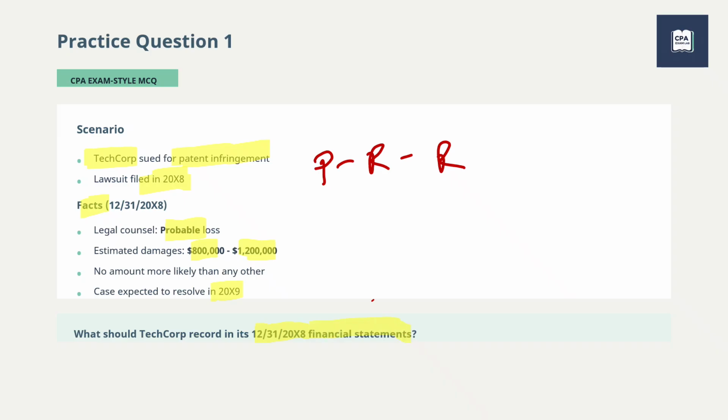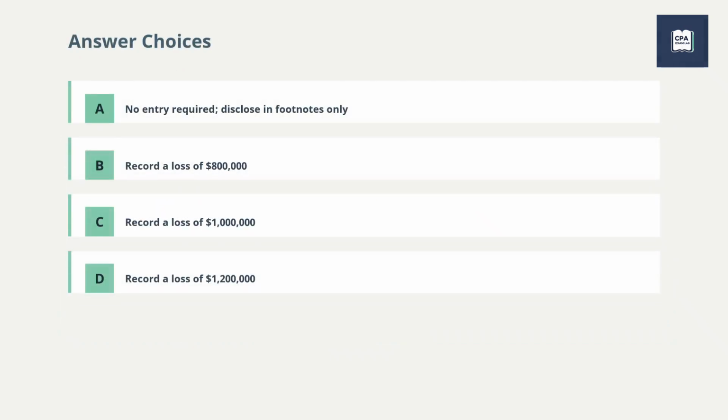And here are the options. The first says no entry required, disclose in footnotes only. Now, if this was a gain, that would be a thing, because there we are more conservative. But if it's a loss contingency, no, we do not do that. Then it says record a loss of 800,000, 1 million, or 1.2 million.